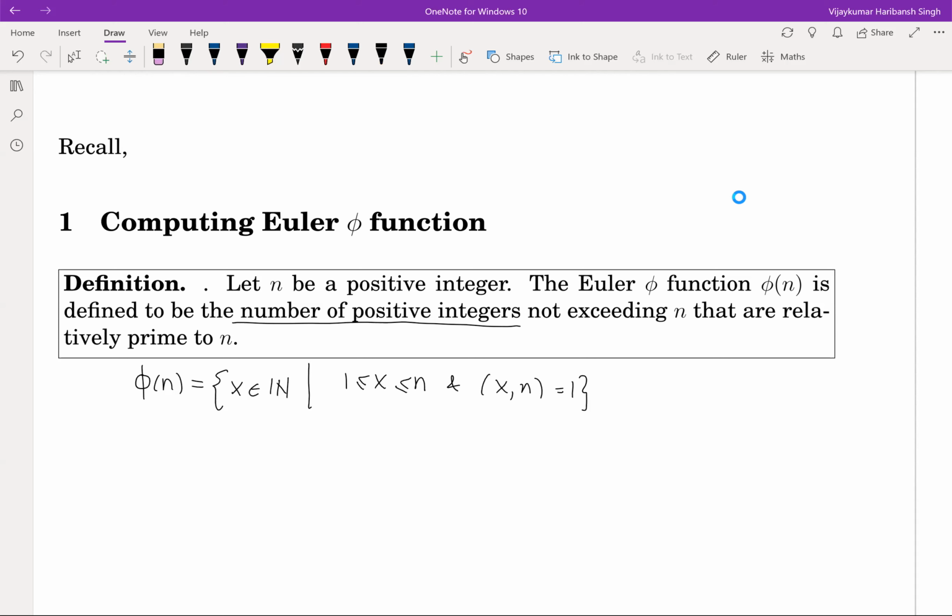This is not really needed when we say x is a natural number. So this is your phi of n.